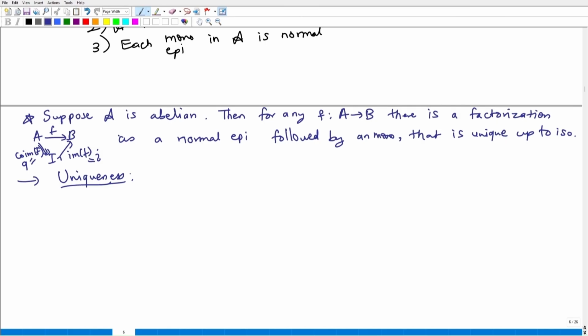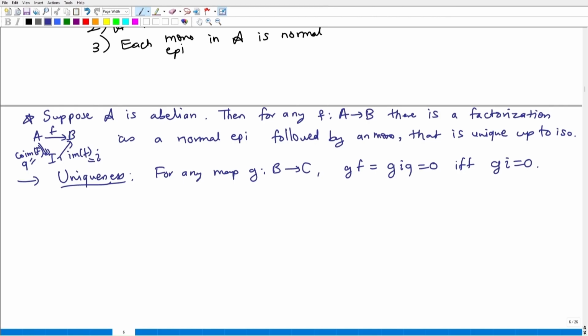Okay, so this is about image factorization. So for any map G from B to C, it doesn't matter where we are, GF is equal to GIQ is equal to 0 if and only if GI is equal to 0.